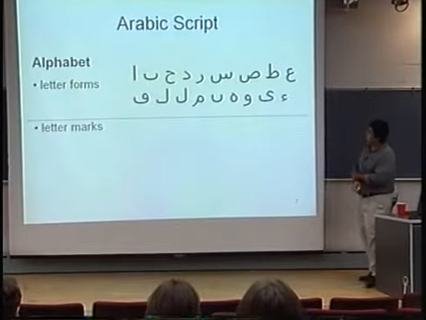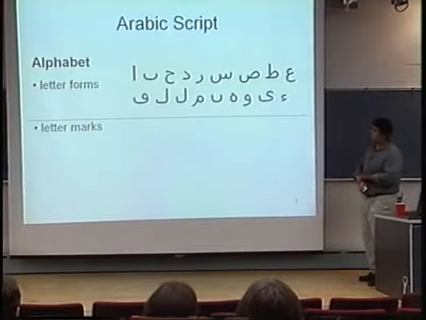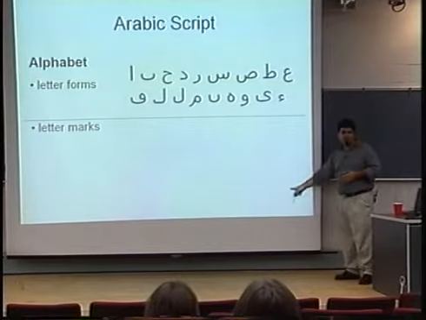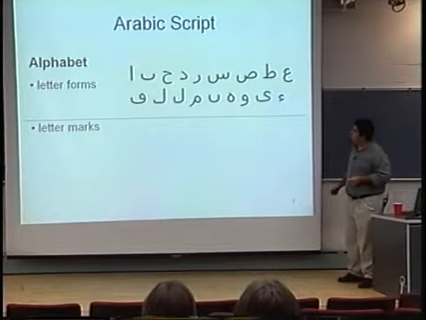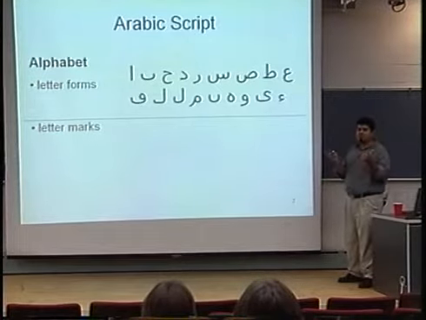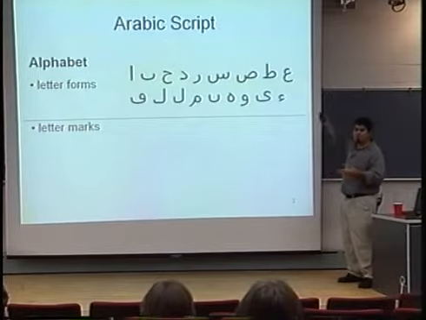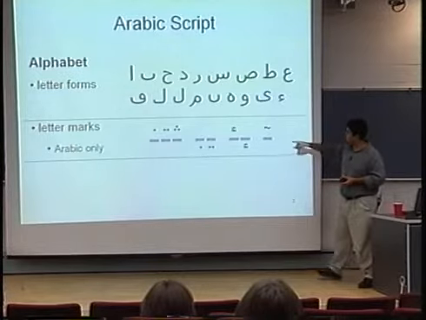All right, so the alphabet, you can talk about it in terms of letter forms and letter marks. The letter forms should in principle look similar to that last thing we saw down there, the Arabic script from 1500 years ago. These are the basic shapes that are allowable within the Arabic script. There are no more shapes that have been added. Now, the letter marks are sets of dots or squiggles.